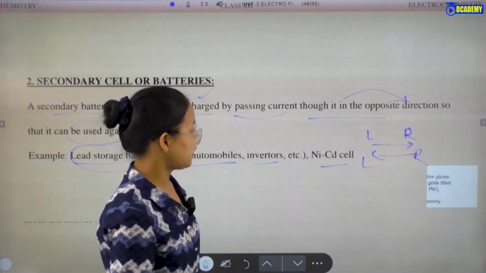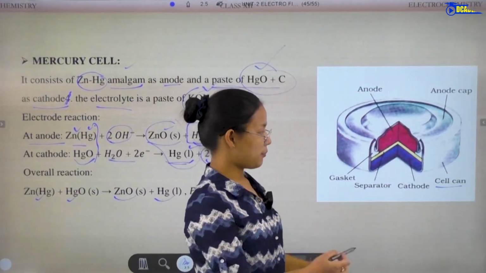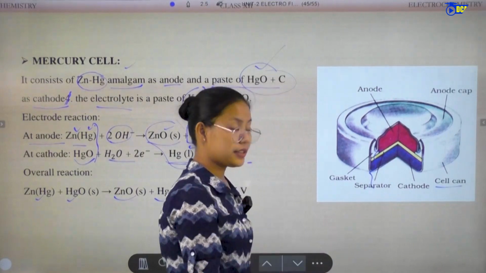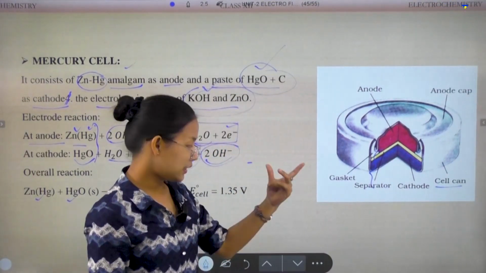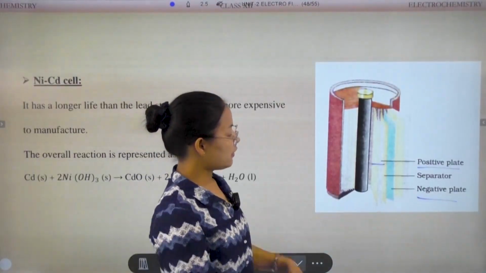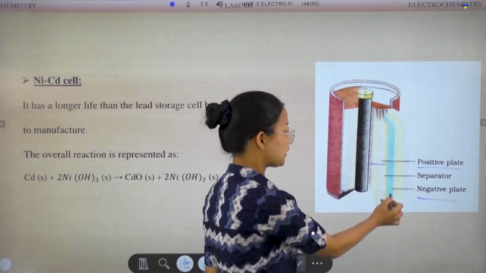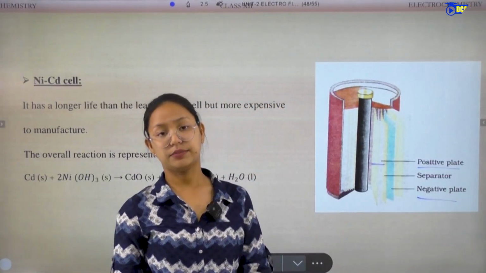So let's see here again. Positive plate and negative plate, with a separator in between.